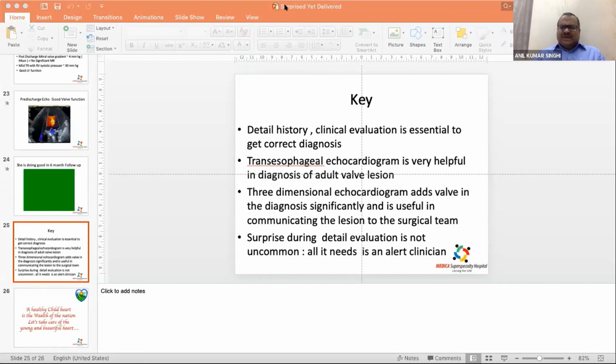In my case, the 3D was essential to tell them, look, it is not a leak, it is dehisced. The exact reason is a guess. We anticipate that whether interrupted sutures were used, some of the sutures gave way, and as Dr. Shakil was telling, one leak begets leak. So slowly, in a short span of time, the valve has given way.